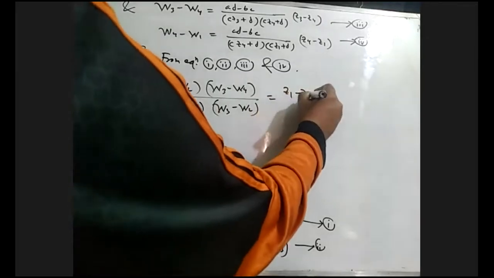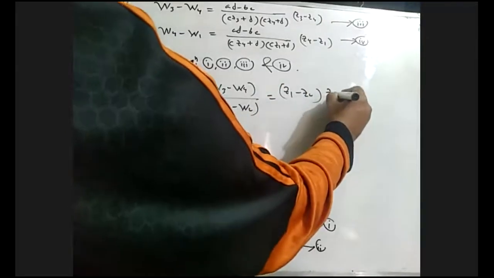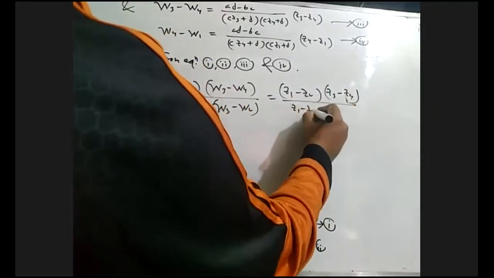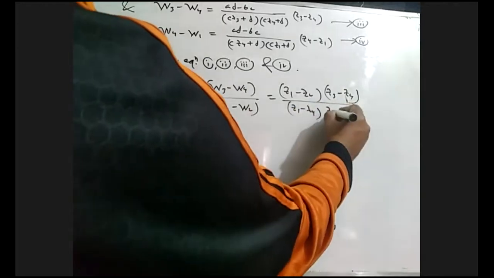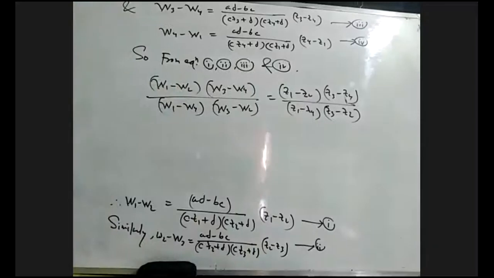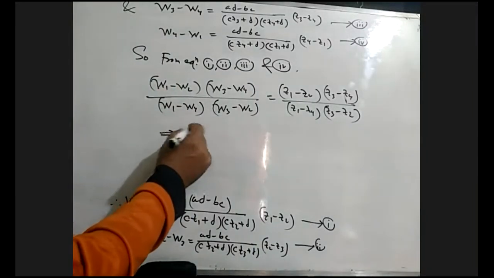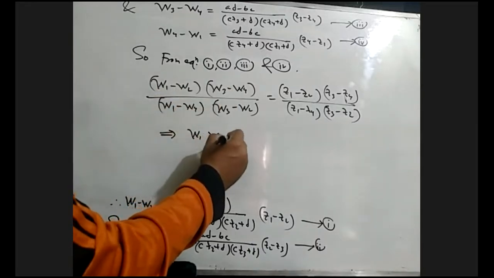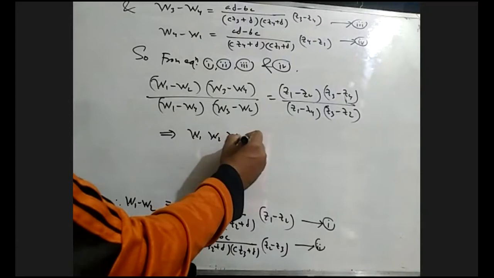(Z1 minus Z2)(Z3 minus Z4) divided by (Z1 minus Z4)(Z3 minus Z2). That means this cross ratio will be preserved. So image W1, W2, W3, W4.